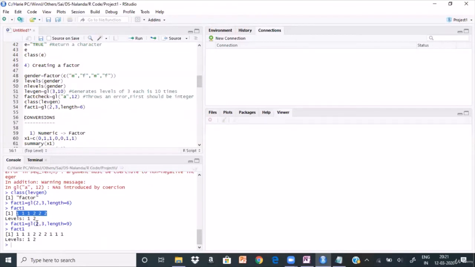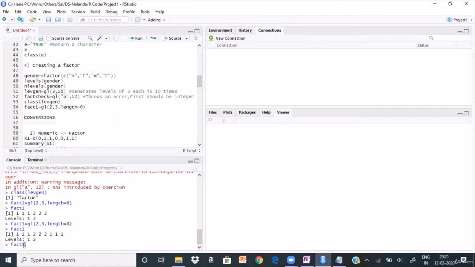Since the constraint here is only 2 levels, that is 1 and 2, but the length of the variable is actually 9, after repeating 1 for 3 times and 2 for 3 times, it will again take the 1 and repeat it 3 times, because the length is defined as 9.